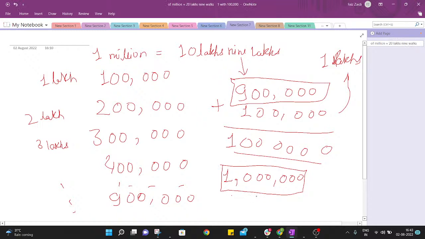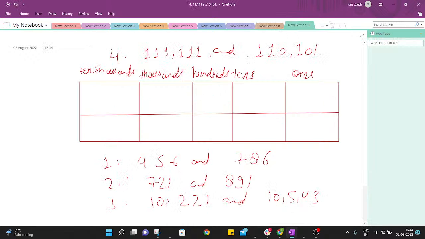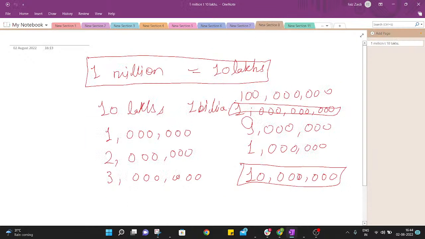We say this number as 1 million or 10 lakhs. Then we discussed more numbers. 10 lakhs equal 1 million, and 1 million, 2 million, 3 million, and if we keep on adding millions, we are going to get to 1 billion.